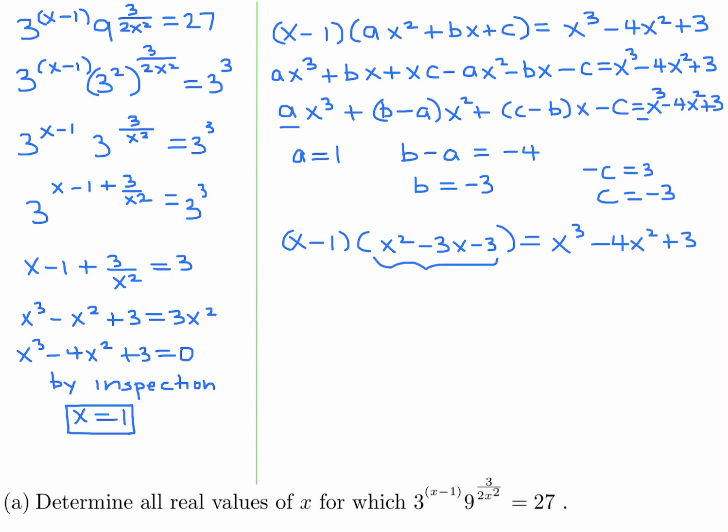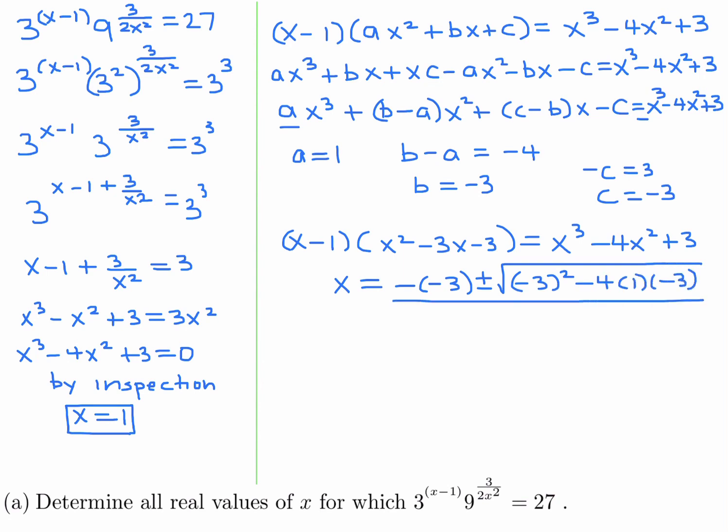But how do I get the roots there? Well, obviously I have to set that equal to 0. And that's going to involve a quadratic, no problem. Minus b plus or minus the square root of b squared minus 4ac, like that, all over 2a.